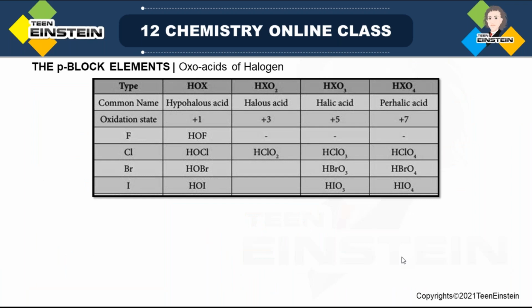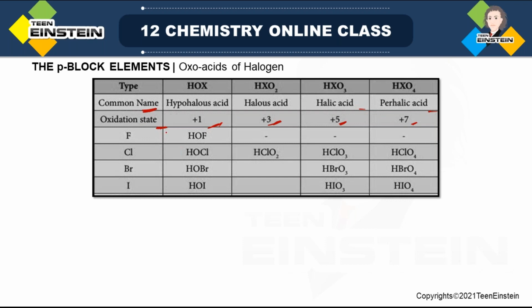So now we will focus on these oxyacids or oxoacids. In this table you can see the common names: hypohalous acid, halous acid, halic acid, perhalic acid. Then we have the oxidation states of the halogen.